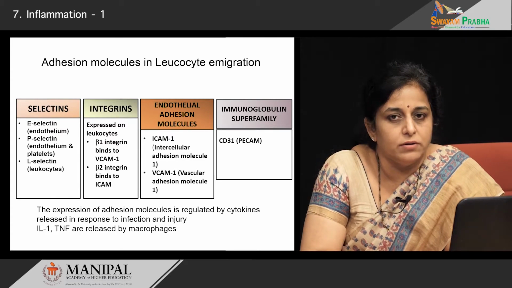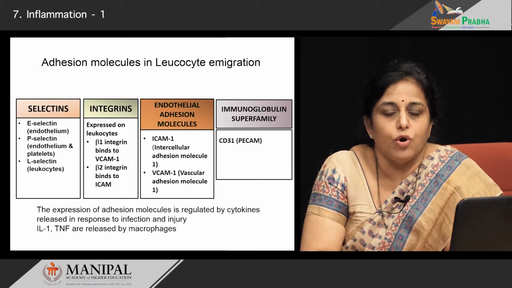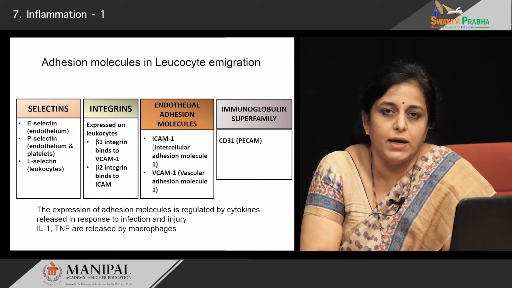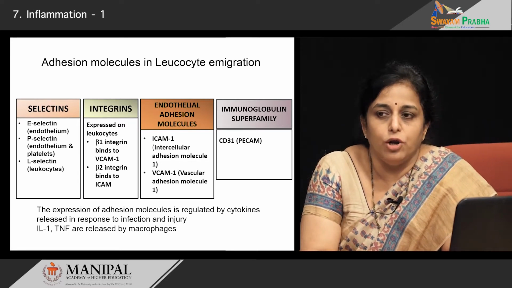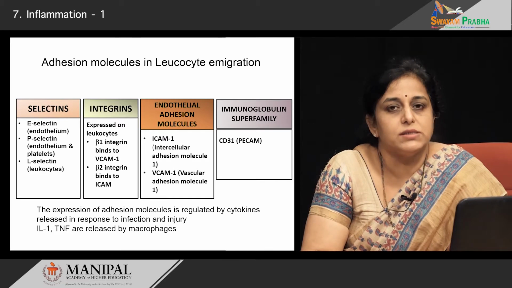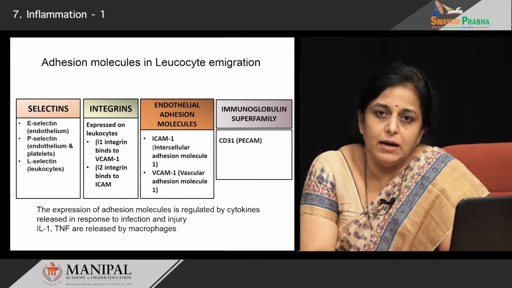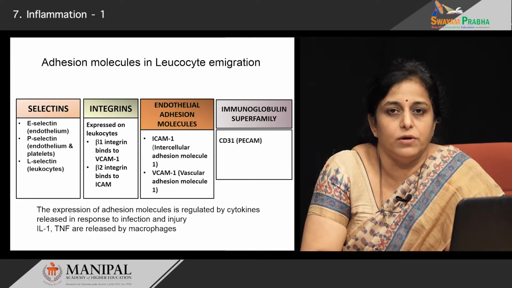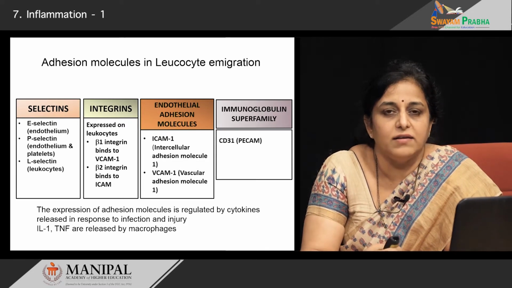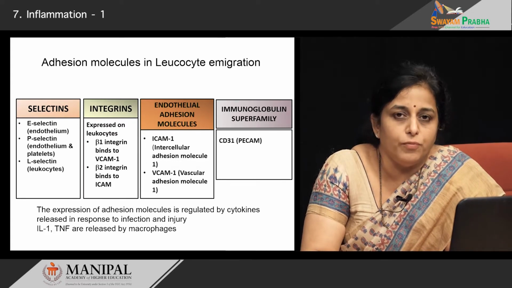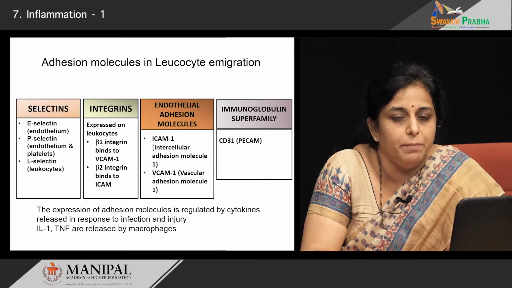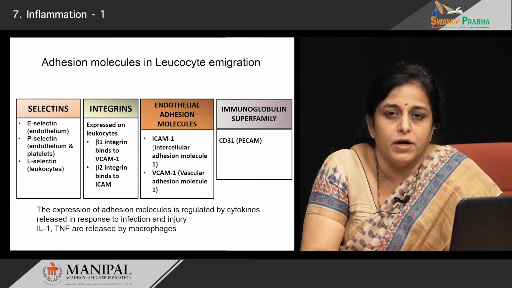Integrins, which bring about adhesion, are expressed on leukocytes. There are two further types: B1 integrin, which binds to VCAM, and B2 integrin, which binds to ICAM. Endothelial adhesion molecules are ICAM-1, the intercellular adhesion molecule, and VCAM, the vascular adhesion molecule. We learned that integrins and these endothelial adhesion molecules bring about firm adhesion. The immunoglobulin superfamily has CD31 and PECAM, which are important in the process of transmigration or diapedesis.